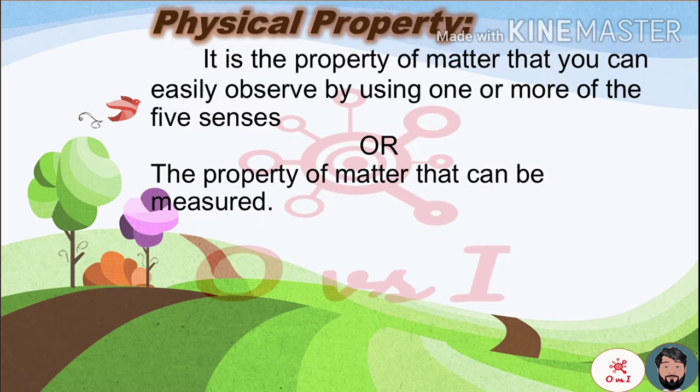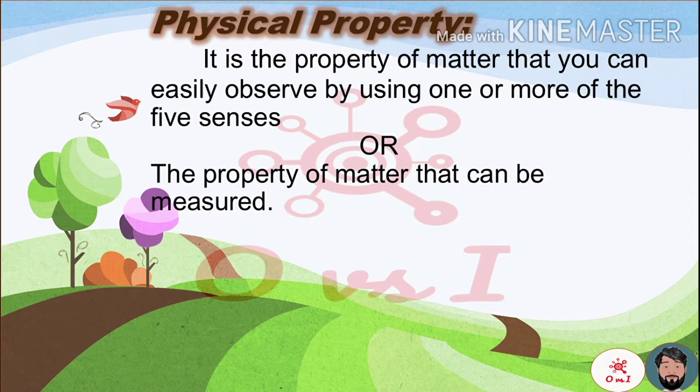It is the property of matter that you can easily observe by using one or more of the five senses. When you see, hear, smell, touch, etc., then you will see that this is the physical property, meaning size, shape, color, smell, and its texture on the surface.